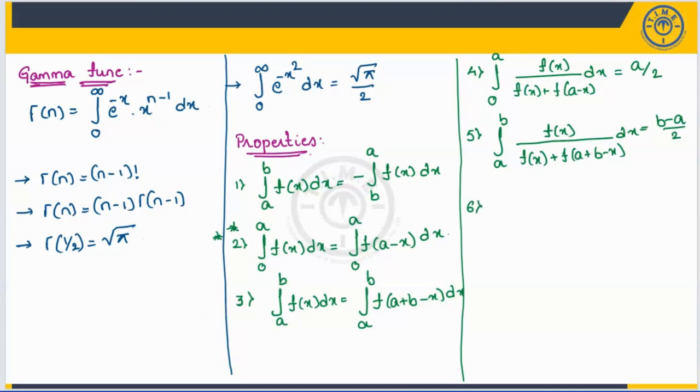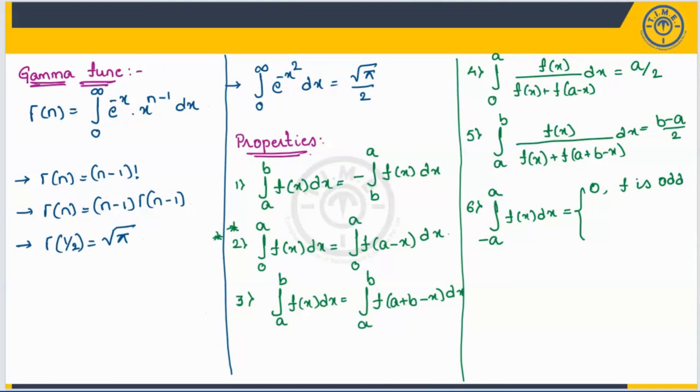And whenever we talk about the integral from minus a to plus a, then we'll discuss even and odd functions. So what are even and odd? The value of the integral is 0 if f is odd. So what is an odd function? If f of minus x is equal to minus f of x, then we say f of x is an odd function.